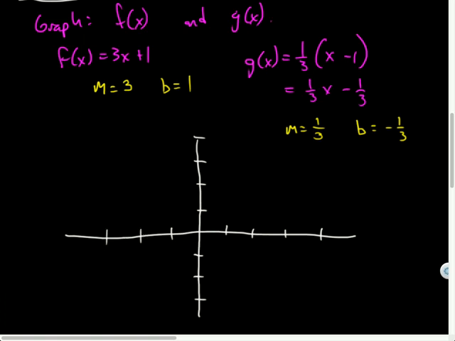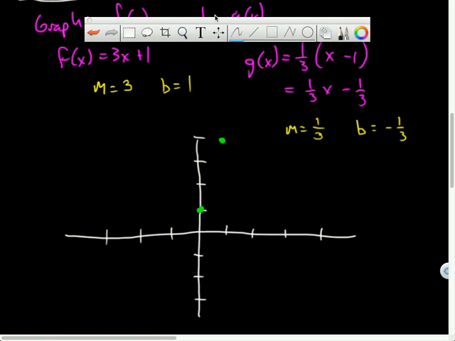So let's try graphing f of x. I'll make f of x the green function. So y-intercept of 1 and a slope of 3. So that means I go up 3 units and over 1, right? And draw my line.